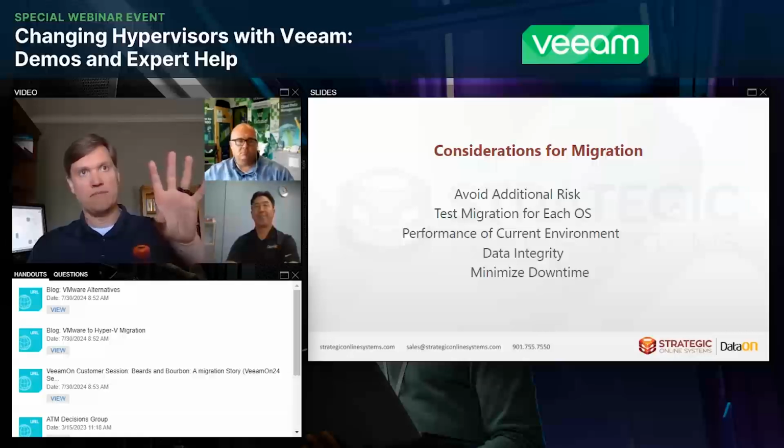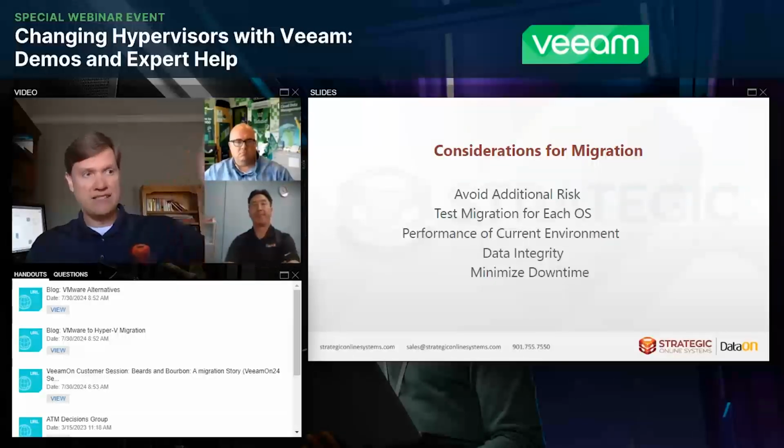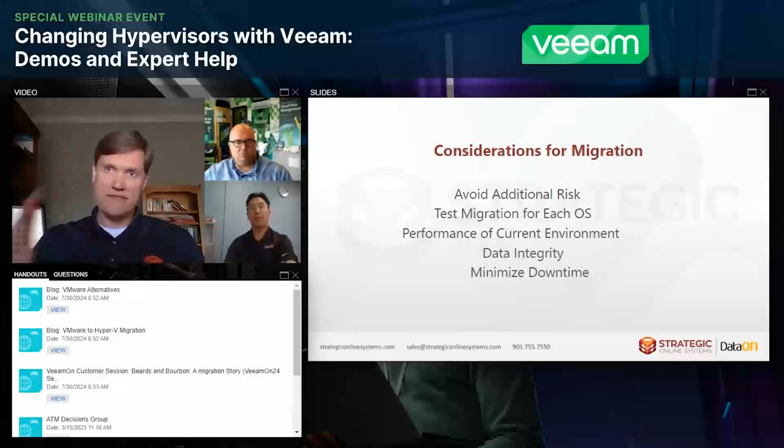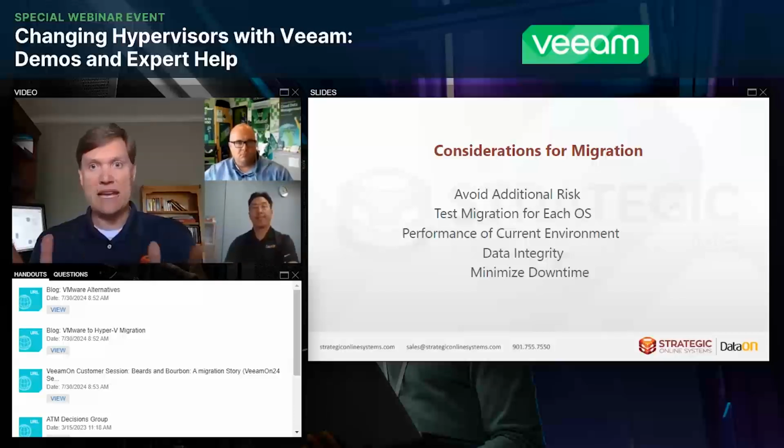Literally going from a VM in VMware on a SAN all the way to a VM on Azure Stack HCI on their software-defined storage. Veeam makes it so easy that you go, oh wow, this is a huge migration that just happened. So you do have to test each one, and because of Veeam tools, we can do that with no downtime to production.